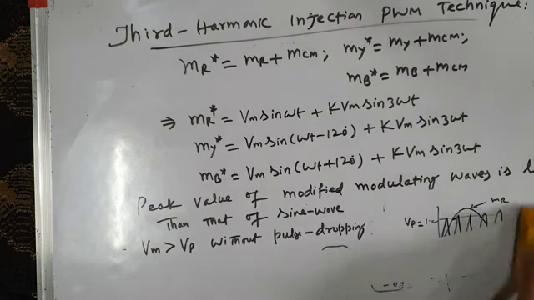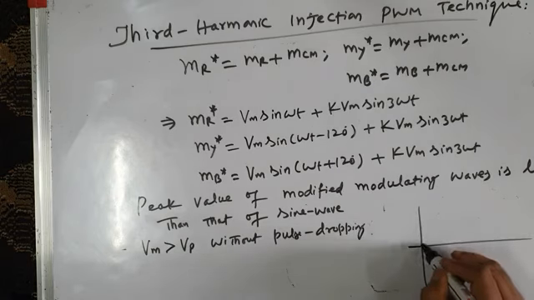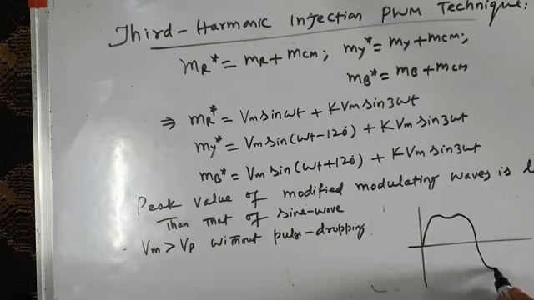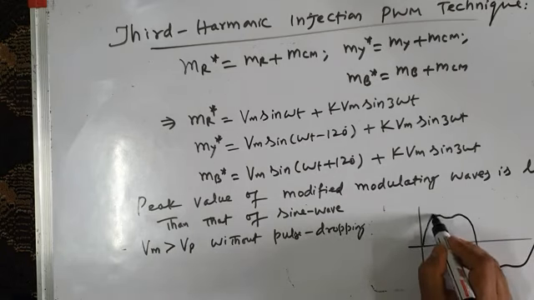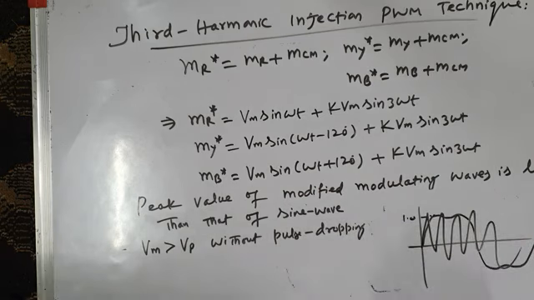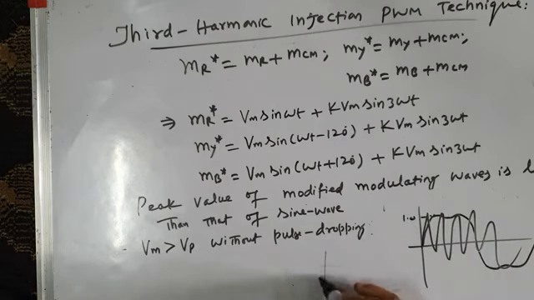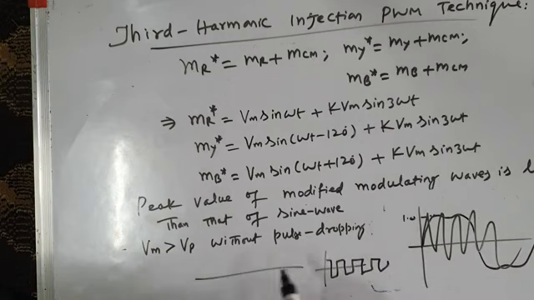But with third harmonic injection PWM, our target reference wave, the modified reference wave, is not going above 1.0; its peak is 1.0, not more than that. And when the sine-triangle comparison is done, there is no pulse dropping. The pole voltage is like this. So the pole voltage will be non-sinusoidal, but the line voltage will be sinusoidal.